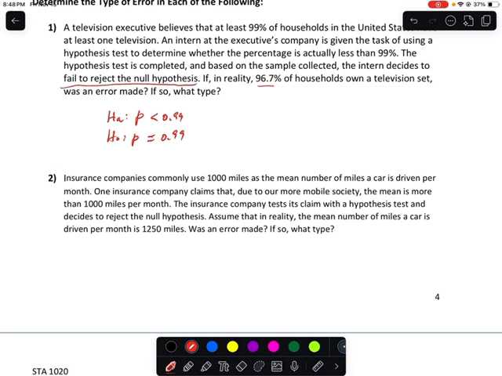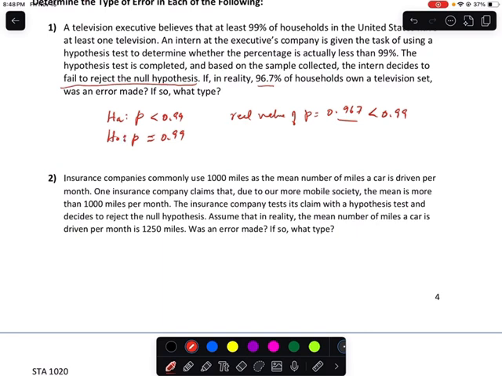Okay, let's see. The real value of p is 0.967. So is this value less than 0.99 or more than 0.99? This is less than 0.99. Okay, what does that mean?